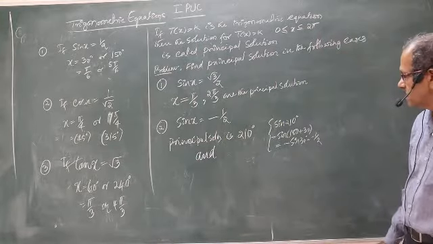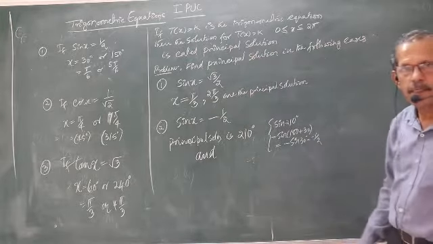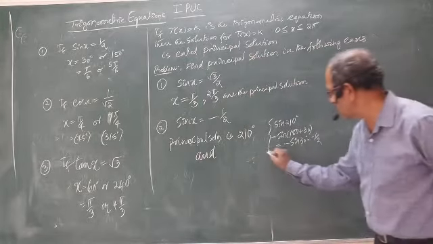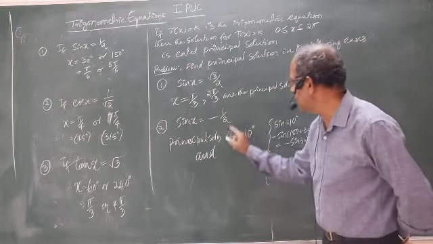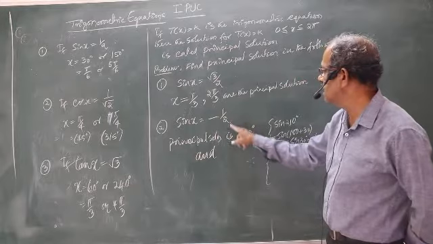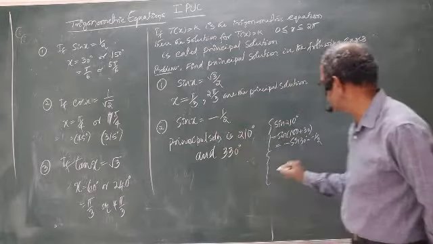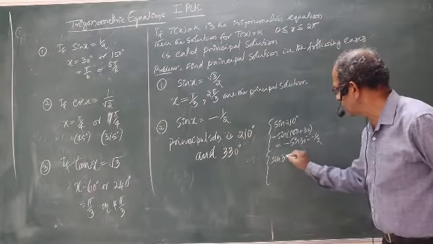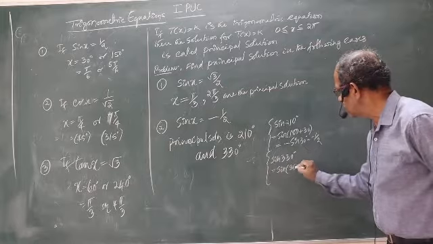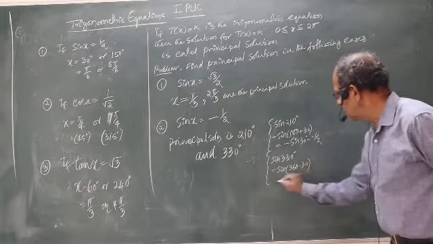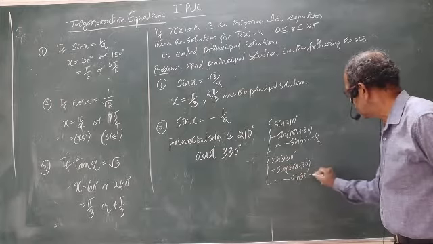Principal angle means there are two angles satisfying this. One more is in the last quadrant, where sin is negative: minus 30, that is 330. Let us see whether it is so. Sin 330 degree equals sin of 360 minus 30. Sin is negative, sin 30, yes.